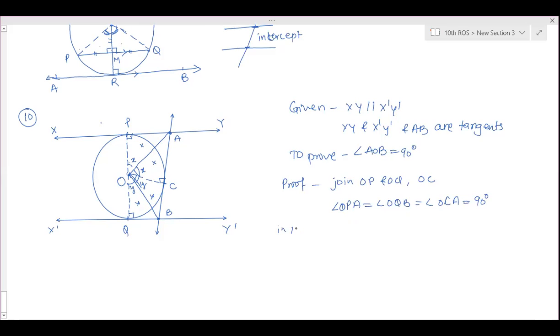Now in triangle AOC and triangle AOP, AC is equal to AP, OP is equal to OC, and OA is equal to AO. Or you can prove RHS also: 90 degrees, common side, and radii.